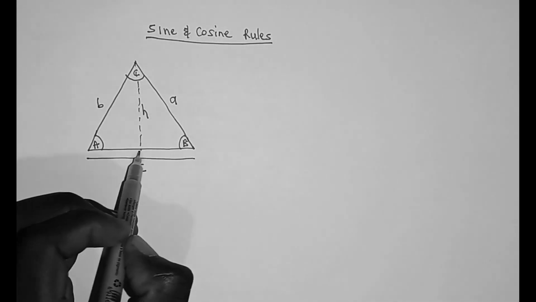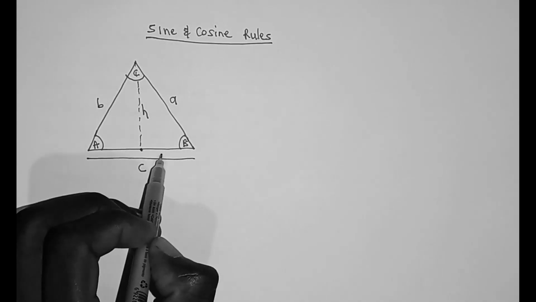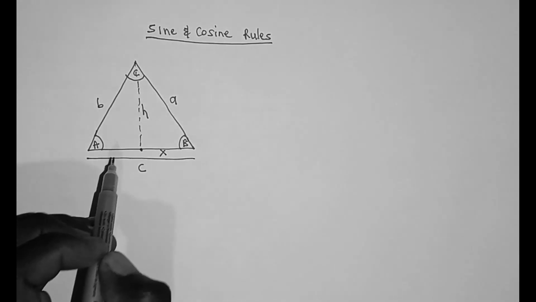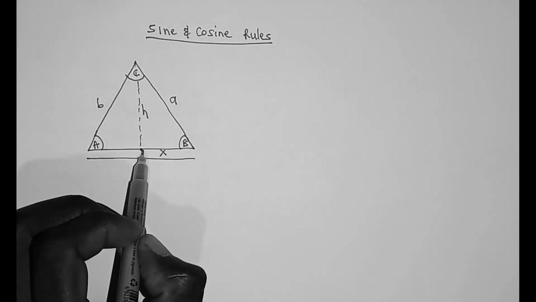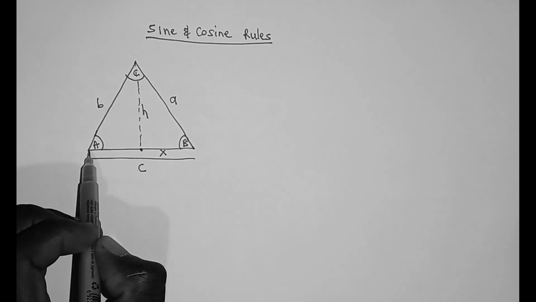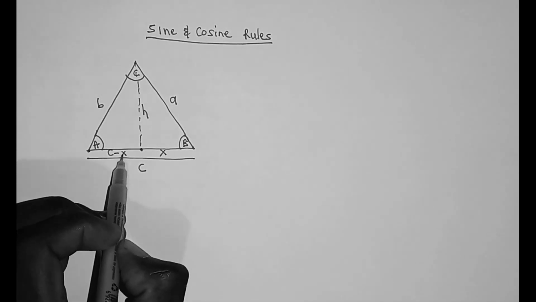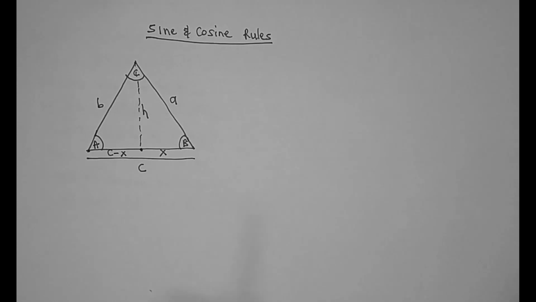Let's also assume that the distance between this point and this point is x. So if the distance between this point and this point is x, it implies that the distance between this point and this point is c minus x. So let's use this ideal situation to prove both the sine and the cosine rules.